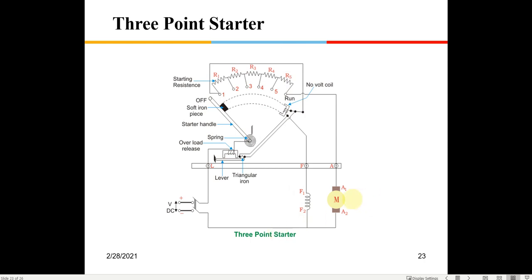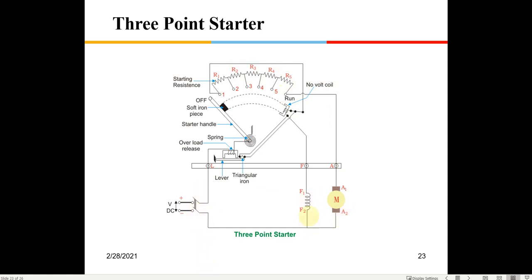What about the armature part? The voltage is coming from here through this coil, through this rod, to point 1 here, and then through resistances R1, R2, R3, R4, R5, and it comes to the armature. So the moment you are switching on, two things are happening.